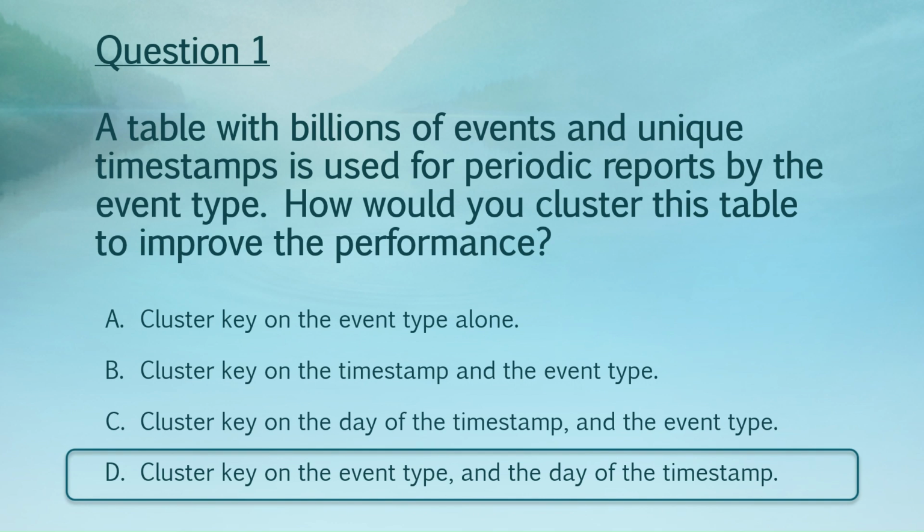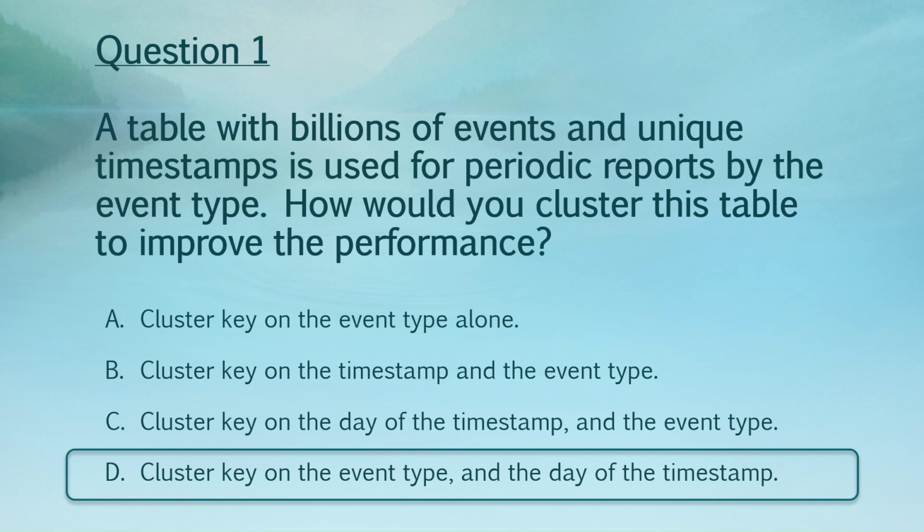Why should we add the day of the timestamp? Why not the timestamp alone? Well, that's a problem. If you have unique values, clustering something by those unique values will not help you enough.